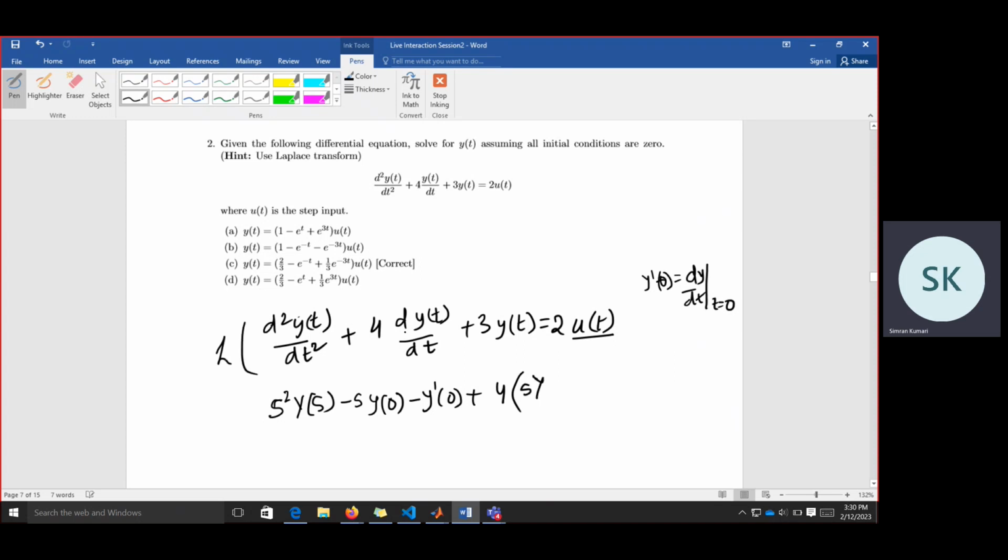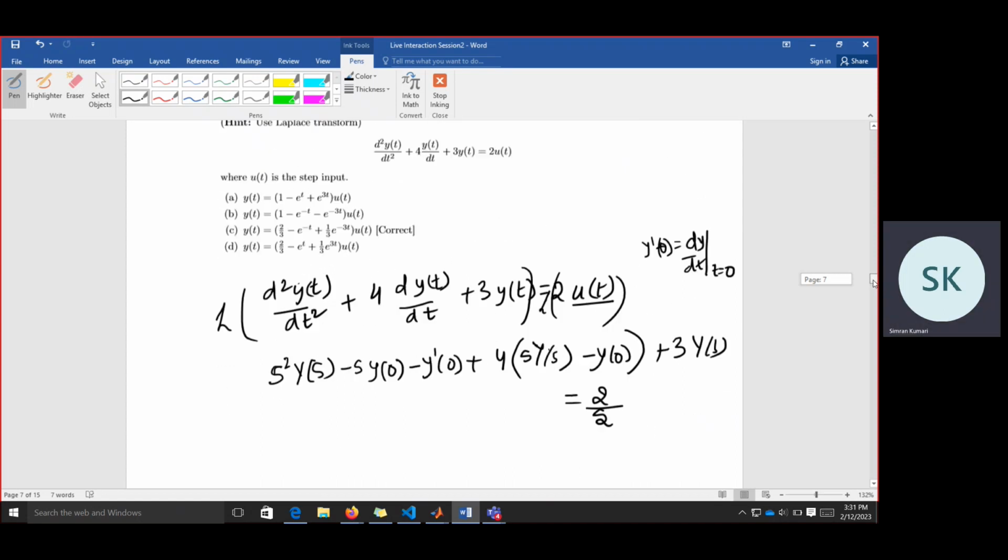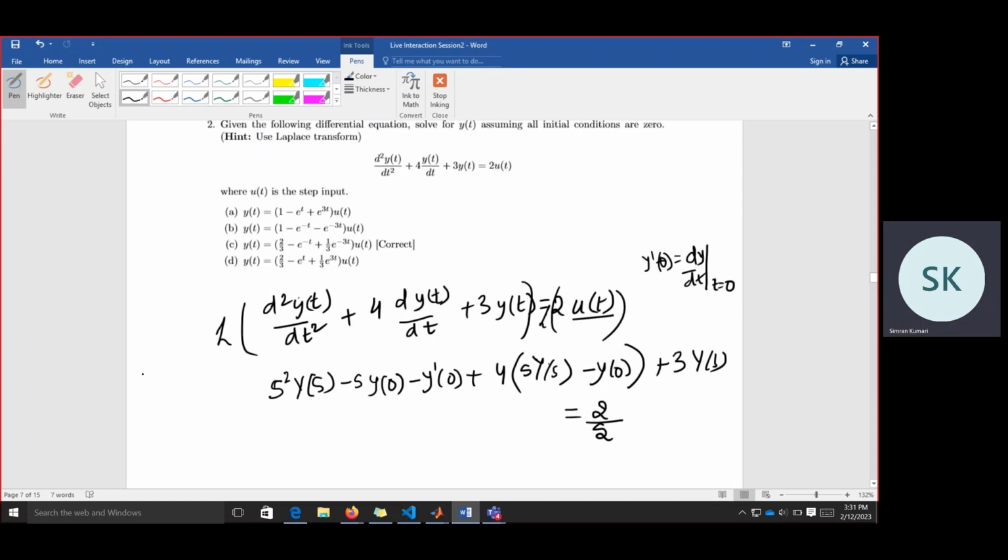Basically, we are applying the Laplace transform. Plus 3 Y(s) equal to 2. And for the unit step, what is the Laplace transform? 1 by s. Now it is saying all initial conditions are 0. So this will be 0. This is also 0.